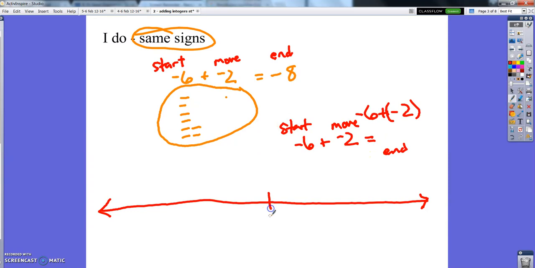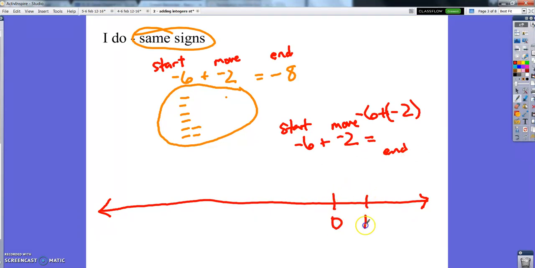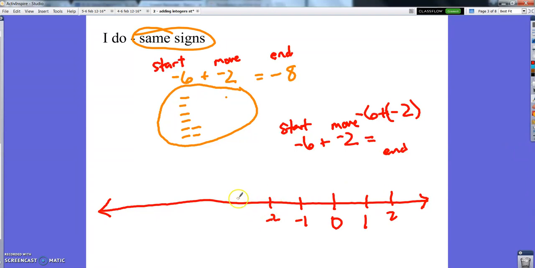So I'm going to put it, let's see, 0, -1, -2, I need more space. I'm going to put my 0 over here. 1, 2, -1, -2, -3, -4, -5, -6.